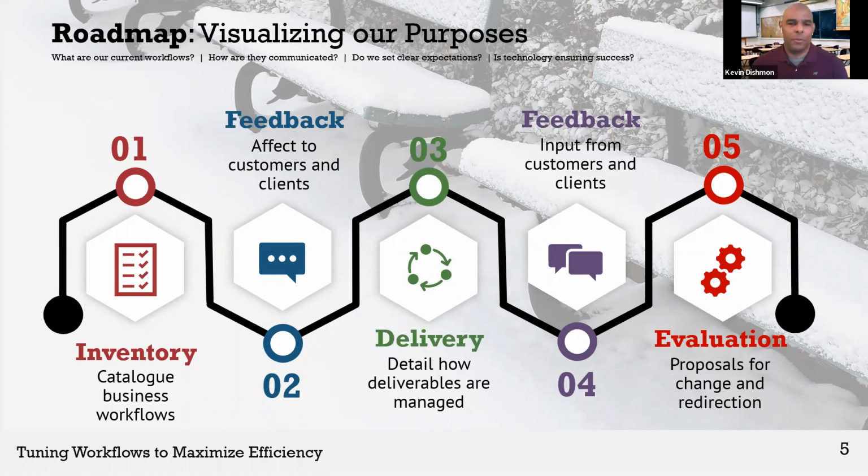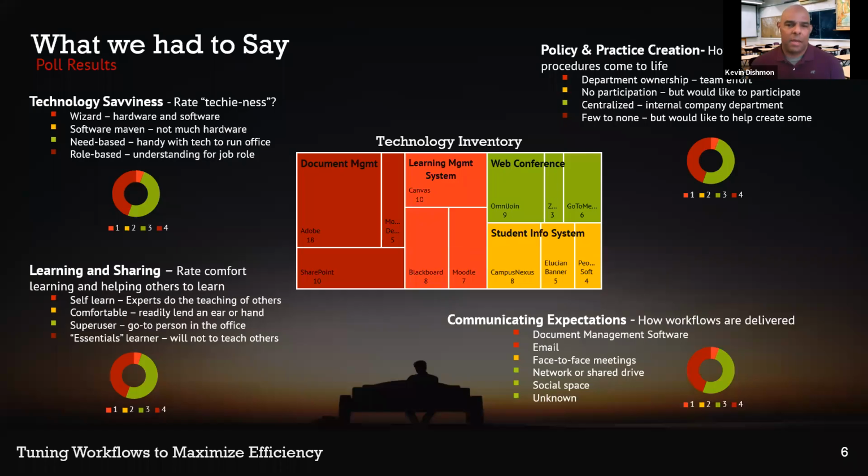Before the call, you might have been asked to take a short poll or short survey, and the reason for that was just to get you thinking about the technologies that you have at your organizations or at your campus, or what technologies you use for your team to get the job done. And also, what is your place in that process? One of the questions had to do with technology savviness.